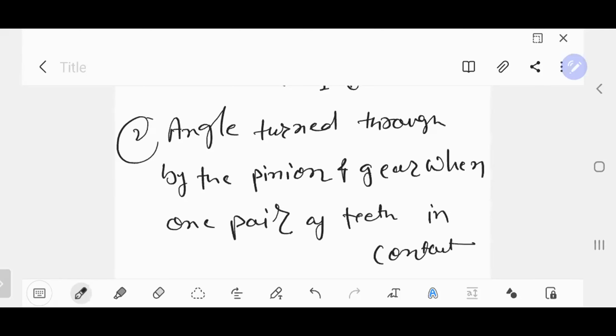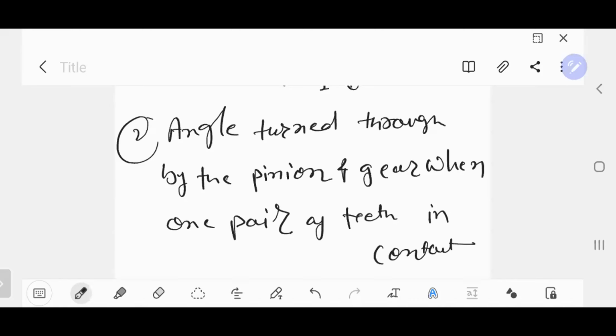Okay, so next thing, the angle turned through by the pinion and gear when one pair of teeth is in contact. We have the equation for this also, right? There is no derivation, but you have to remember the equation. Angle is equal to, do you remember the equation? Anyone?